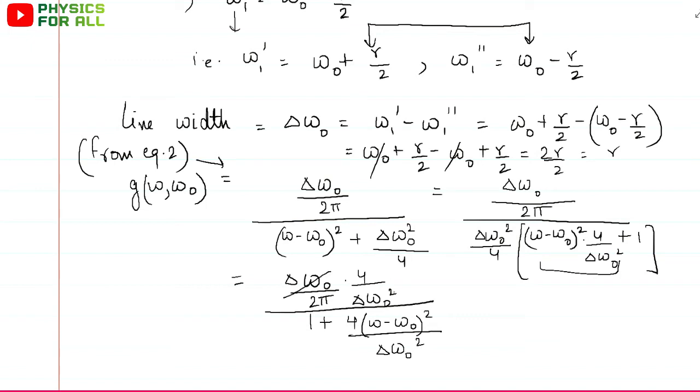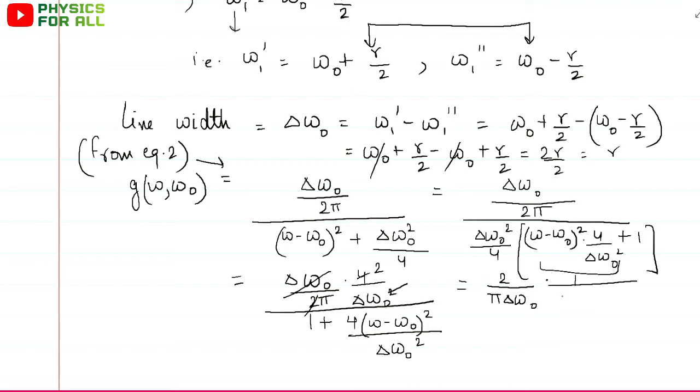Here this delta omega naught square gets cancelled, and here 2 is here. We have 2 upon pi delta omega naught into 1 upon this quantity, which I can write as square of.